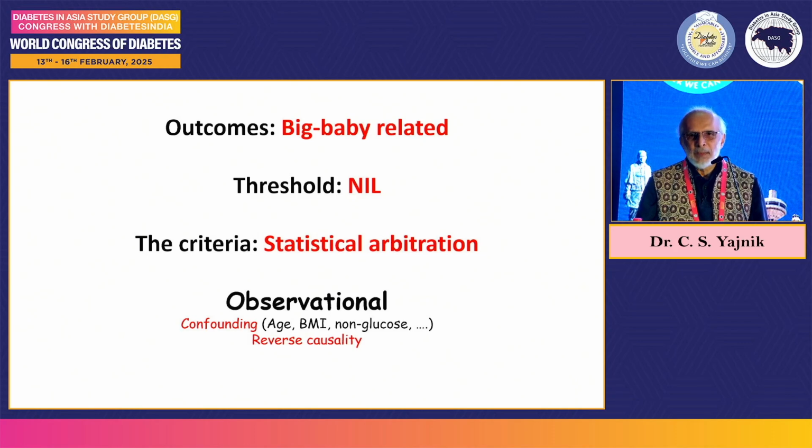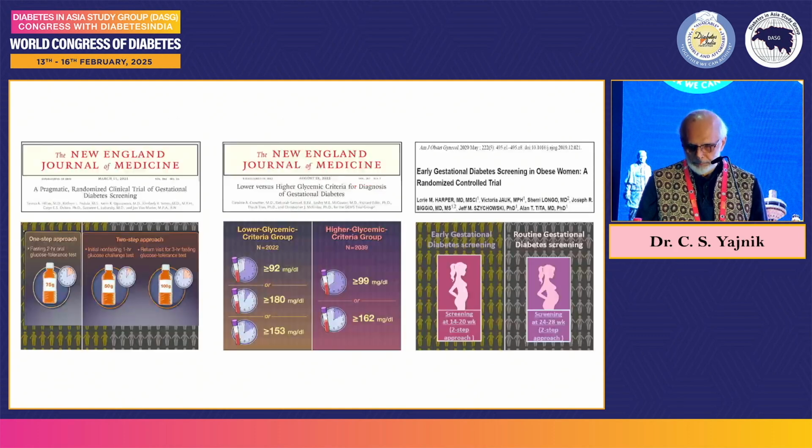The main ones being age of the mother, body mass index, and the number of non-glucose metabolites which are never even studied or reported, certainly not in clinical practice. And when you have such a model, reverse causality is always a problem.